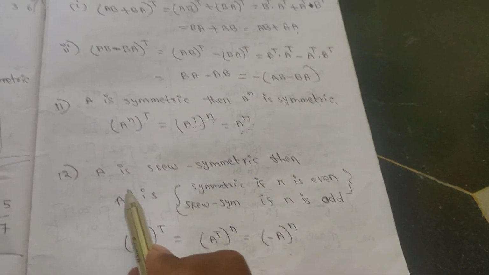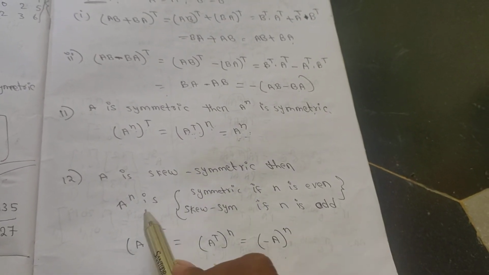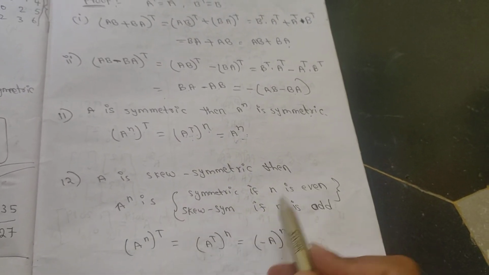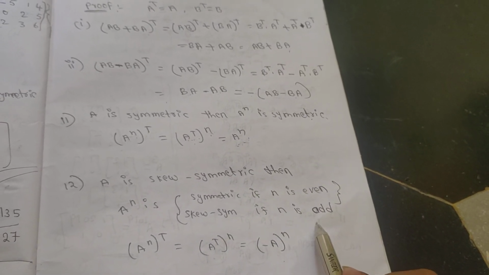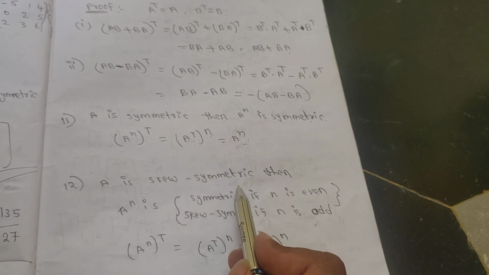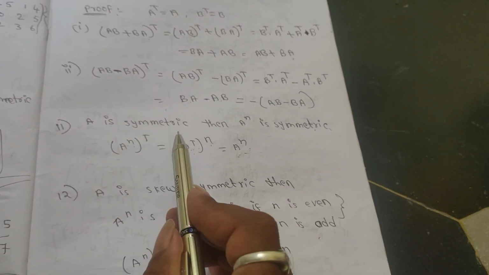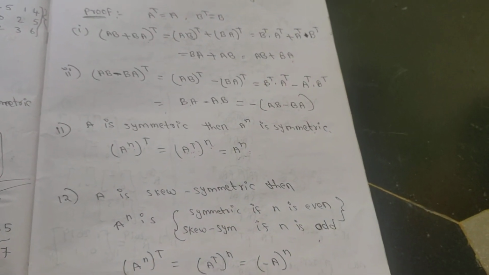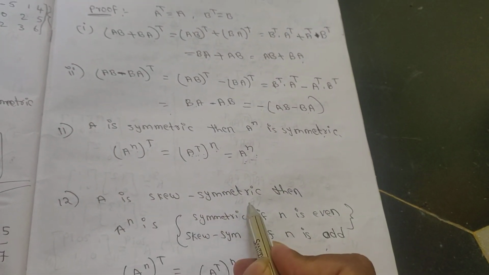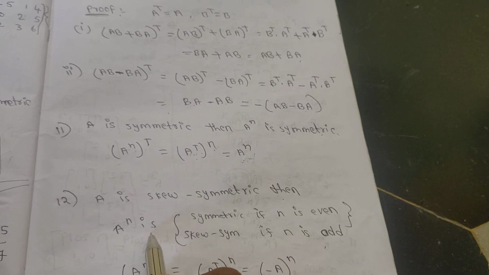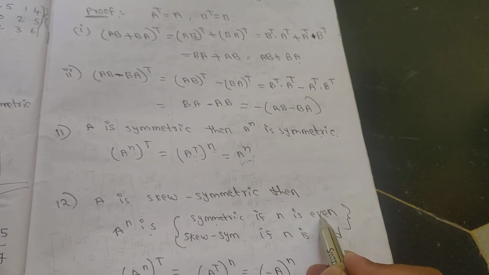Next, the 12th one: if A is skew symmetric, then Aⁿ is symmetric if n is even, and skew symmetric if n is odd. Just remember, if A is symmetric, Aⁿ is always symmetric, whether n is even or odd, no problem. But if A is skew symmetric, then Aⁿ is symmetric if n is even.